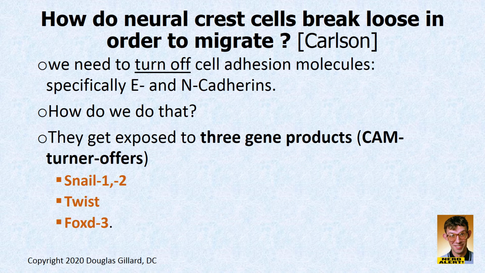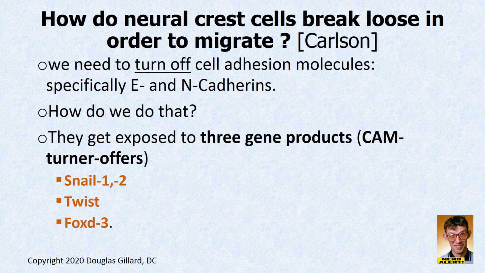How do neural crest cells break loose in order to migrate? Well, all the cadherins have to turn off, right? Because remember, we had N-cadherins and maybe a couple E-cadherins in these outer cells that are going to become neuroblasts. We won't make this crazy either, but there are some more gene products that they get exposed to.